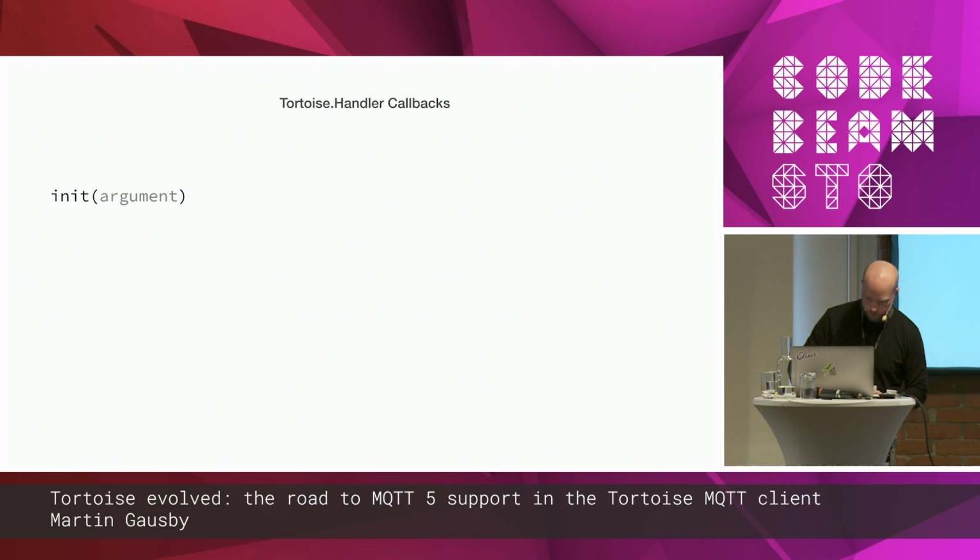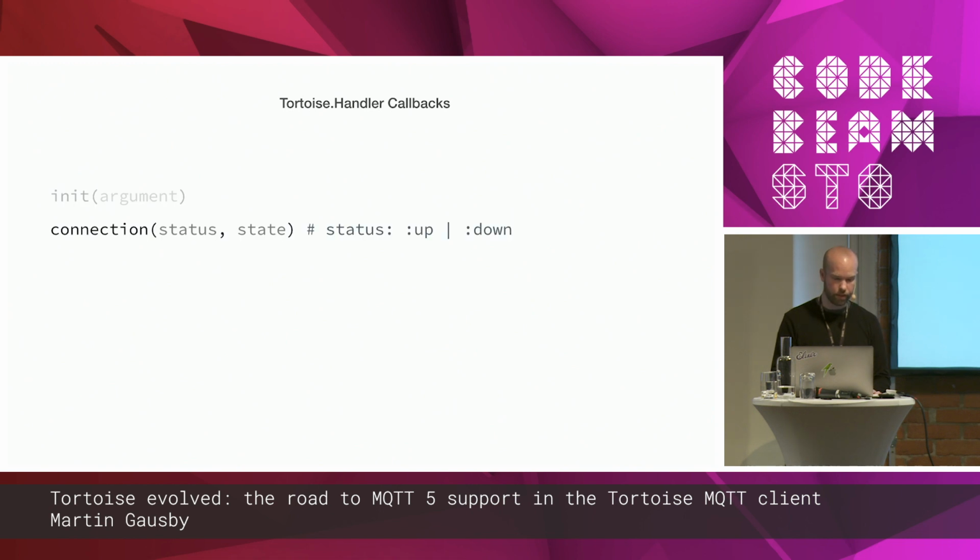The callbacks that I have chosen for this are the init, and I have a connection callback where you have a status that you can match on, saying up or down, and we have a loop state that we can store data in depending on our needs.